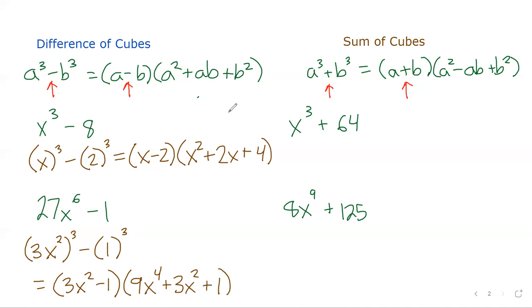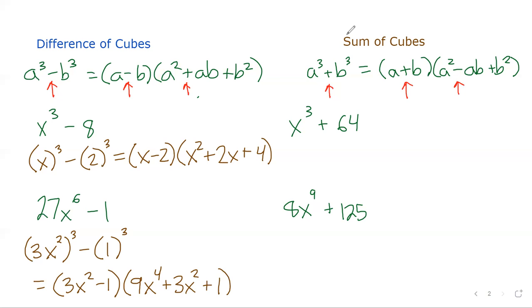In both cases, the second operator is the opposite of the first one. So here, the first term contains subtraction, the second one contains addition. Here, the first one contains addition, and the second one contains subtraction. So there is a pattern to them. Otherwise, the letters or the pattern, everything's in the same place. It's just these two signs that are different.